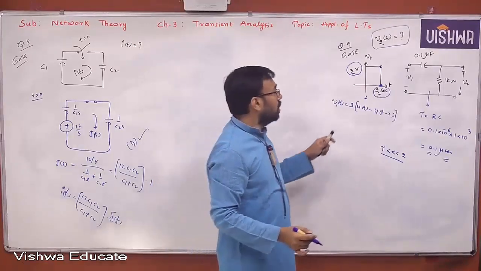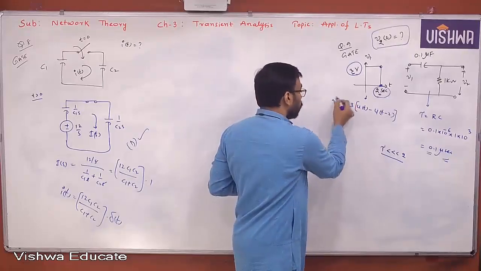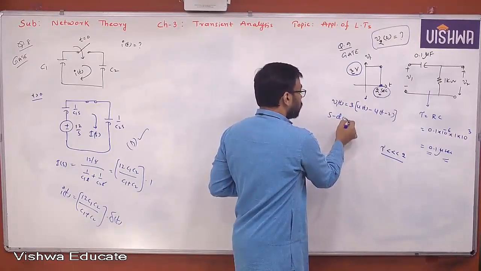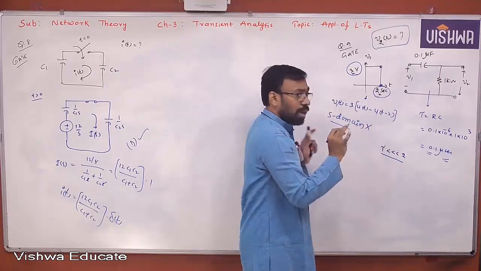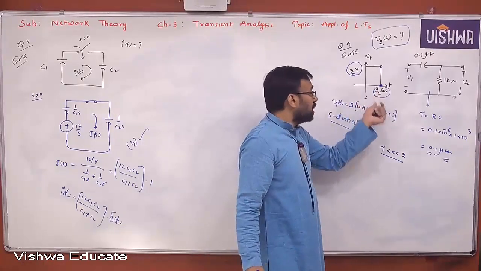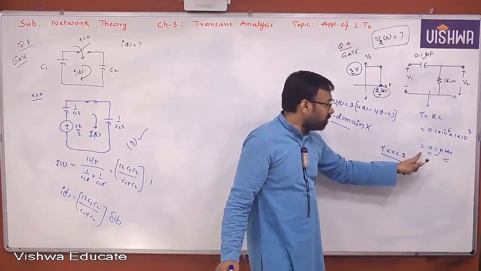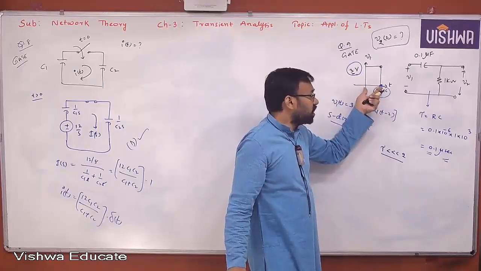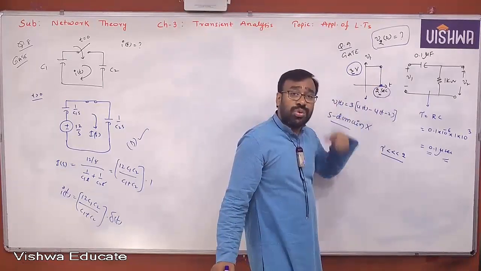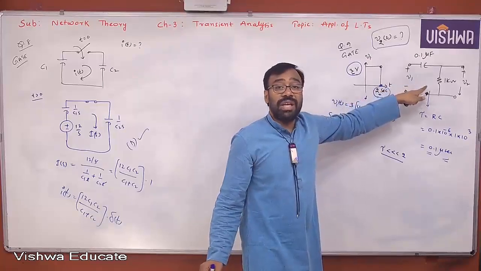So whenever these kinds of problems are given, before you go for the S-domain approach, just cross-check once. What is the duration of the pulse and what is the time constant of the given circuit? If the time constant of the given circuit is very much less than the pulse width or the duration of the pulse, I am sure that at this particular instant you can construct the equivalent of the given circuit.